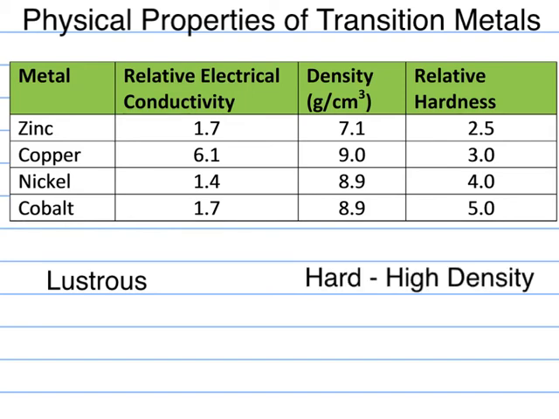They also have very high tensile strength, which makes them good for bearing loads. They also have high melting and boiling points as well, definitely compared to the alkali metals that were quite low.